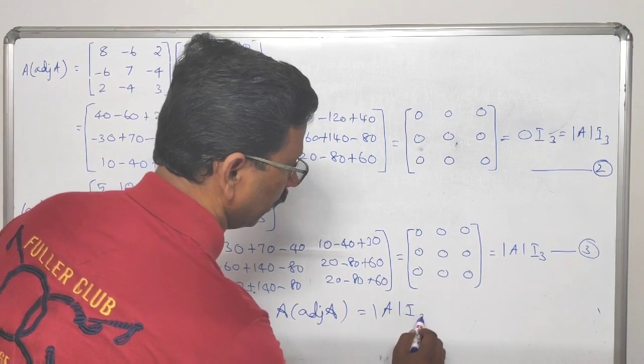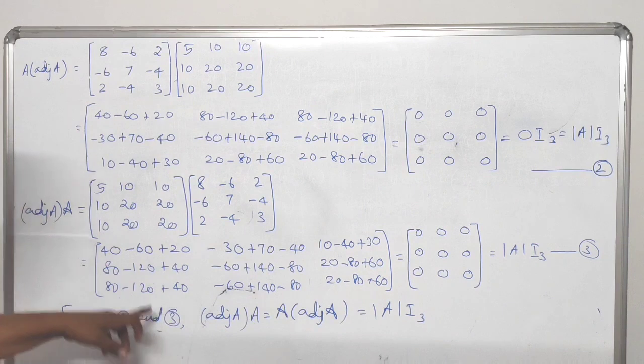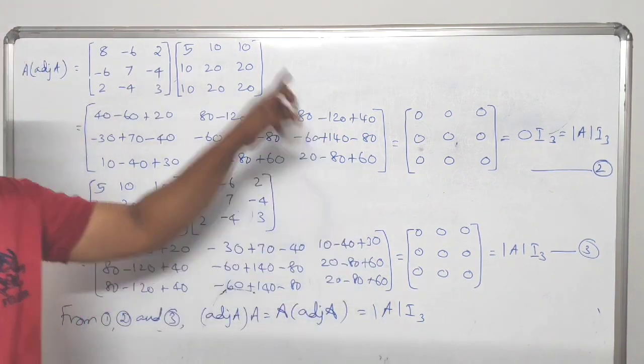Okay, now with this we have proved this property for a 3 by 3 matrix.